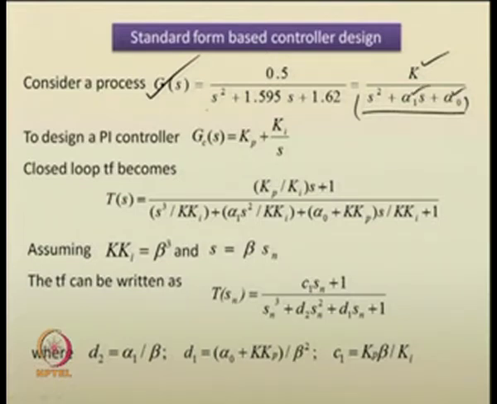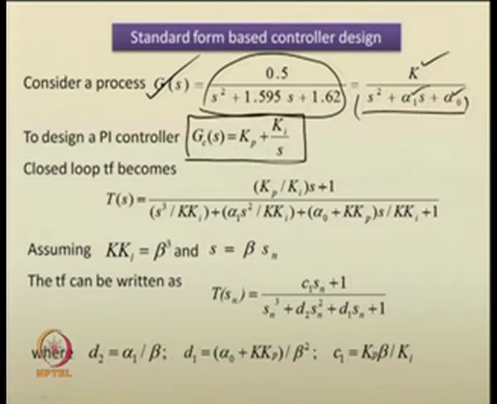Then we will go back to some specific form of transfer function and design the PI controller. Let the PI controller be expressed in the transfer function as Kp plus Ki upon s, which can again be expressed in the standard form as Kp (1 + Ki/Kp s).